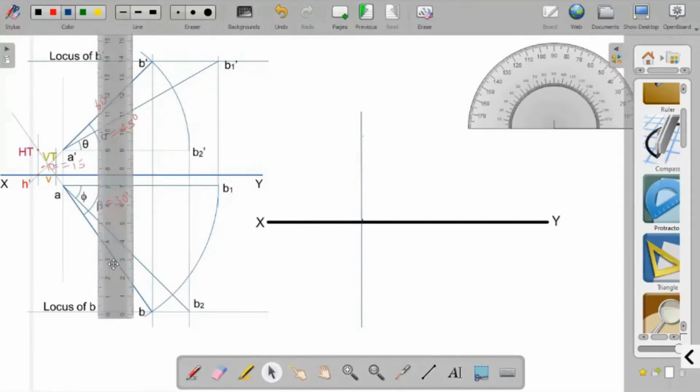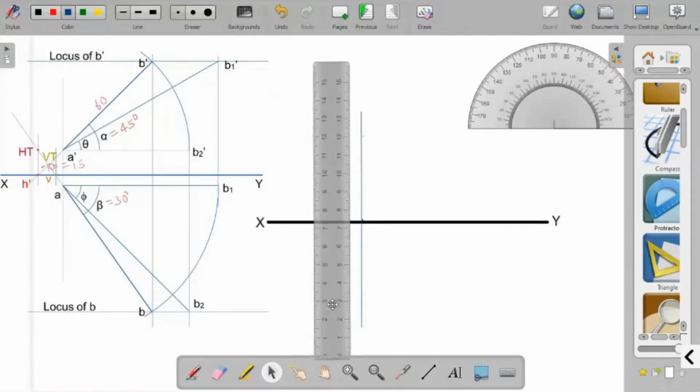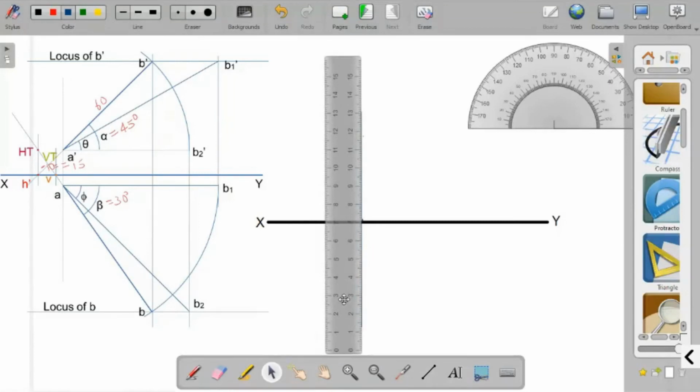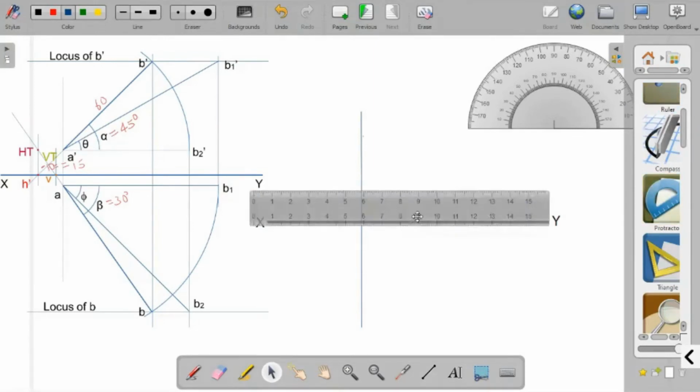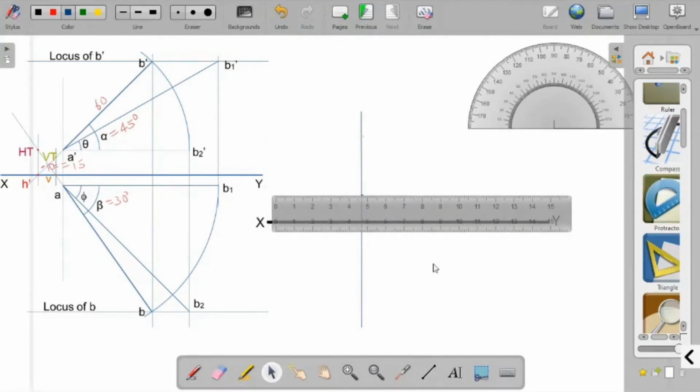So here is the locus of A dash, and then I can locate A dash. A dash is some 15 millimeter above XY. So I draw A dash. Now I can draw the locus of A dash. Here is the locus of A dash.